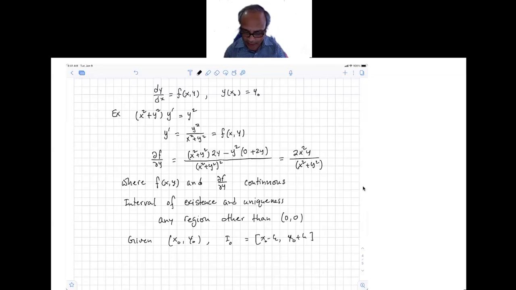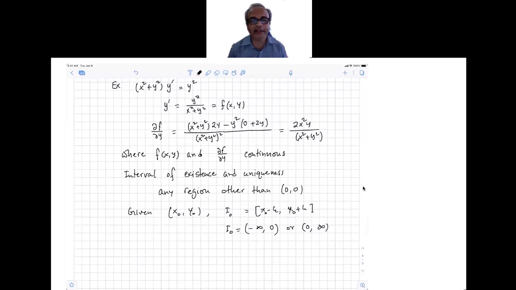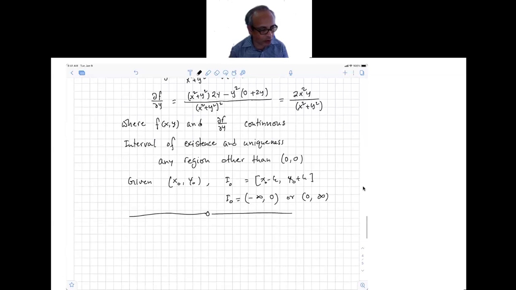So I0 is minus infinity to 0 or 0 to infinity; 0 cannot be included. Generally we write the interval of existence in terms of the independent variable. However, we determine it based on both the dependent and independent variables. Excuse me, I hope this is clear.